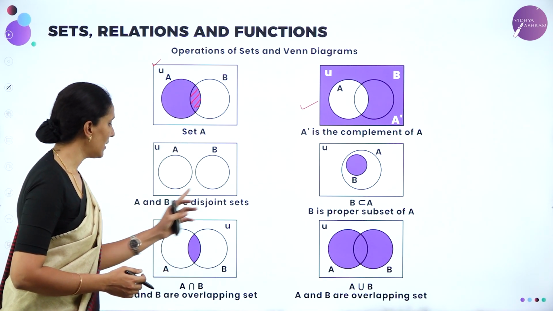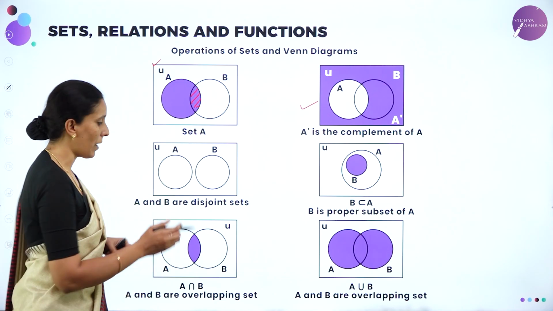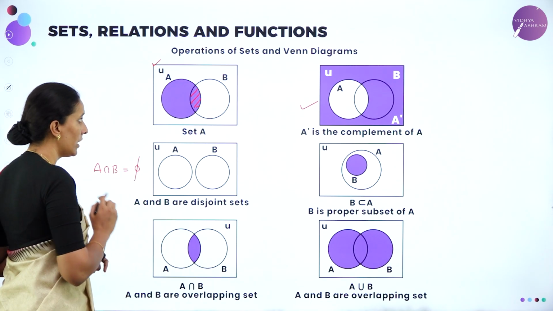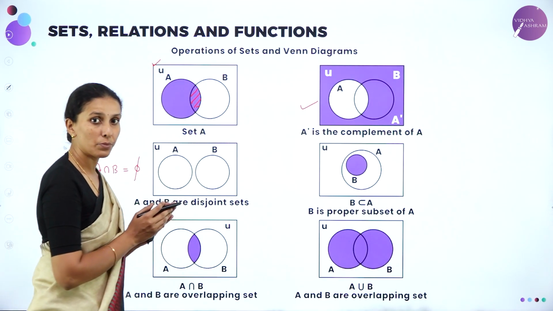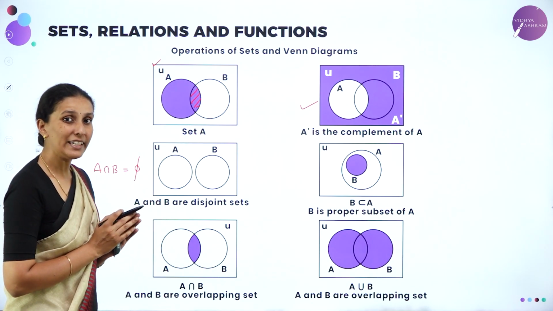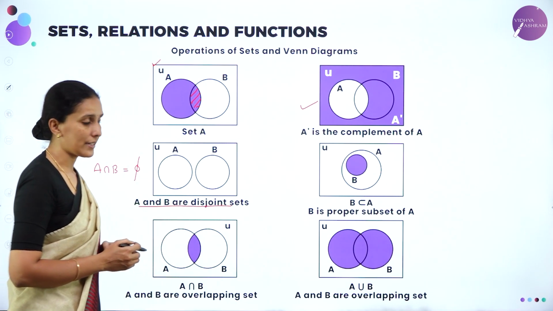Now the second thing here represents the disjoint sets. Disjoint sets are those whose A intersection B is equal to empty. That means there are no common elements between A and B. They are subsets of the universal set, but they do not intersect with each other. So here they are called disjoint sets.